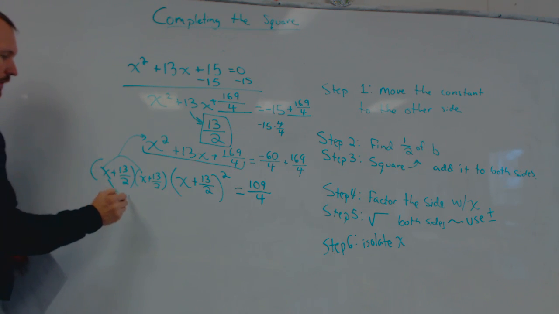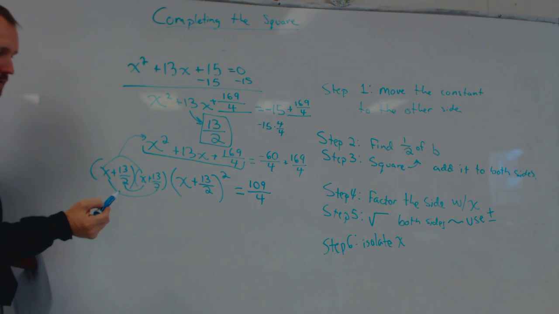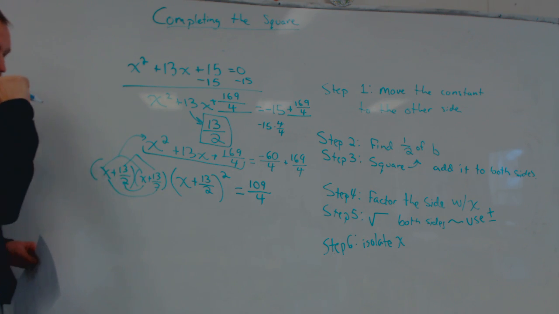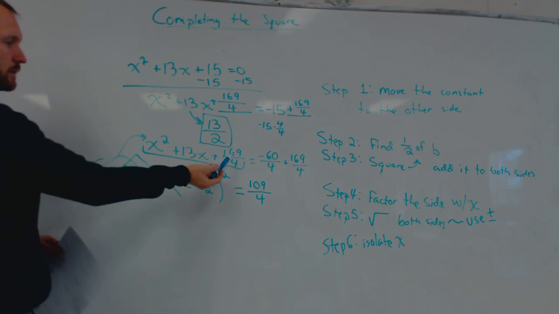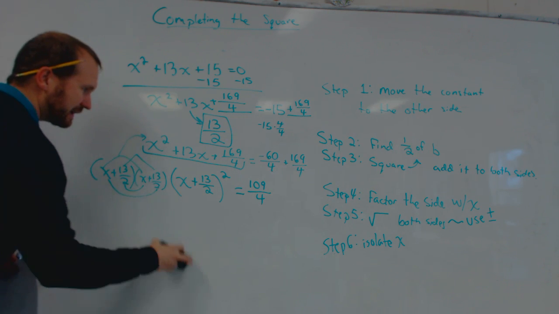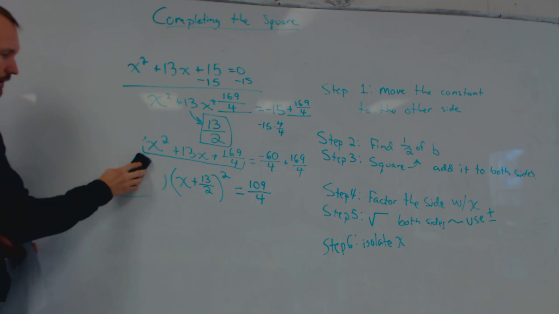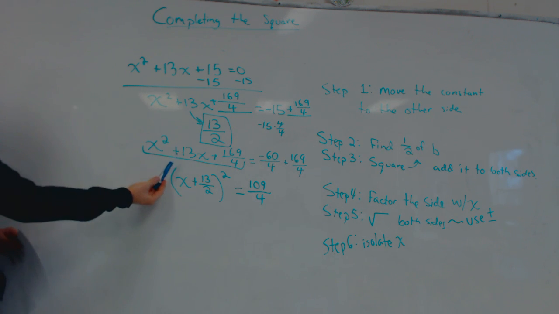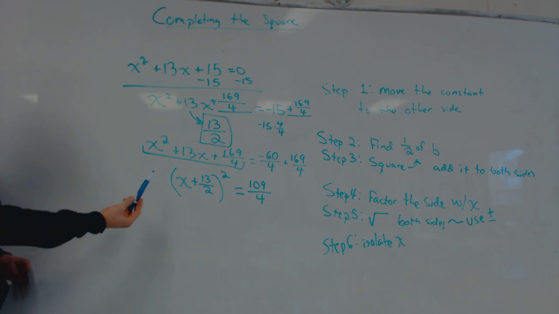I would get 13 halves x plus 13 halves x, which is 13x. And then I would get 13 halves times 13 halves, which is 169. This equals that, right? That's what factoring is. It's just making something that's equal, but in a different form.